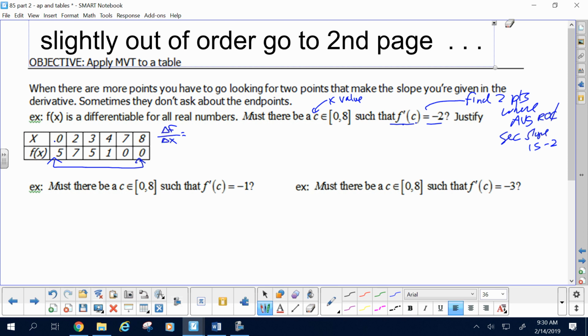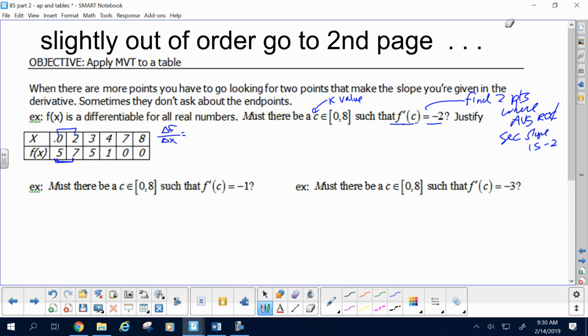We're going to need to find somewhere where there's 2 points where the average rate of change is -2 over 1. So how about, let's just go these two. If I look at the slope here, it's up 2 over 2. That slope is not -2, like I'm looking for, all right?